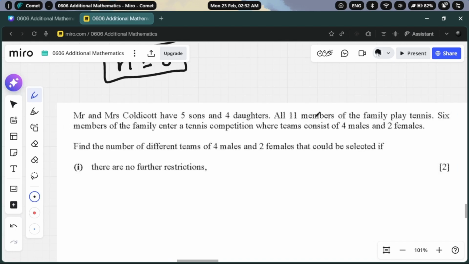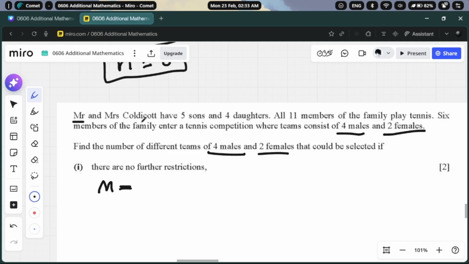Now all 11 members of the family play tennis, and 6 members of the family enter a tennis competition where teams consist of 4 males and 2 females. Now you have to find out different teams of 4 males and 2 females that could be selected if there are no further restrictions. So what are the total number of males?